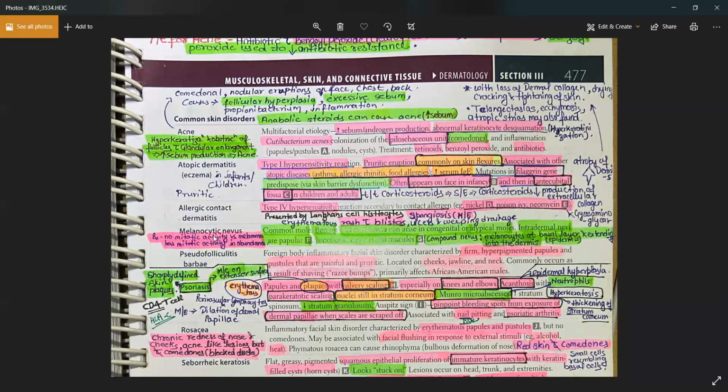Then you have the intradermal nevus. In this condition, all the neoplastic cells are present only in the dermis, not in the epidermis. It is a dermal lesion, the dermal nevus. So in case of intradermal nevus, you will have neoplastic cells within the dermis only, not in the epidermis.